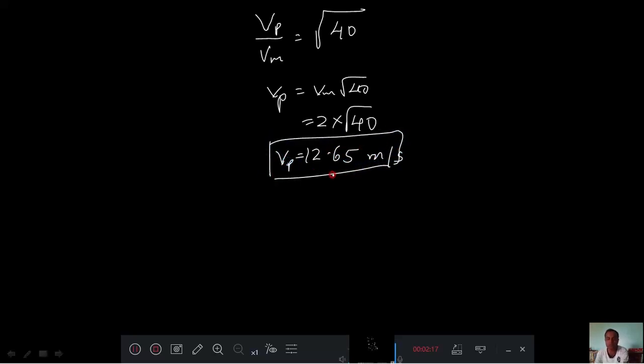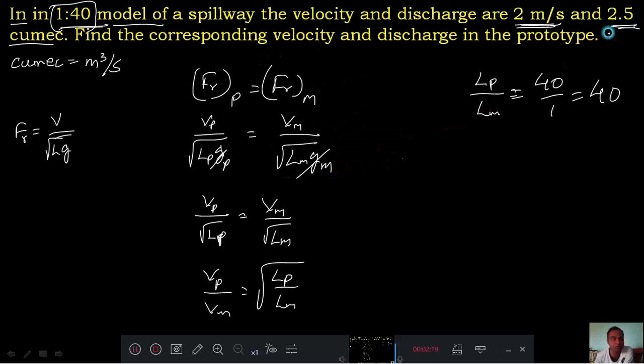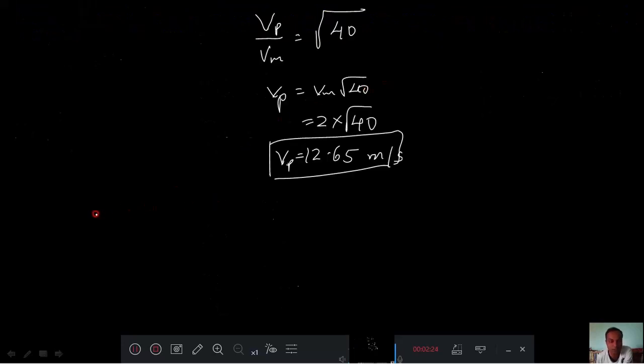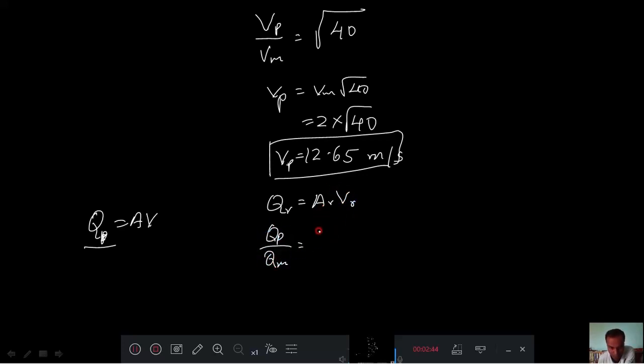Now, what do they want? They want the discharge for the prototype also. Discharge means Q equal to A into V. That means Qr is equal to Ar into Vr. Qp by Qm is equal to, since area is a length squared, Lp by Lm whole square, and we have Vp by Vm.